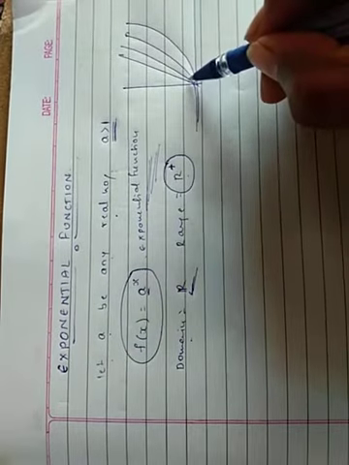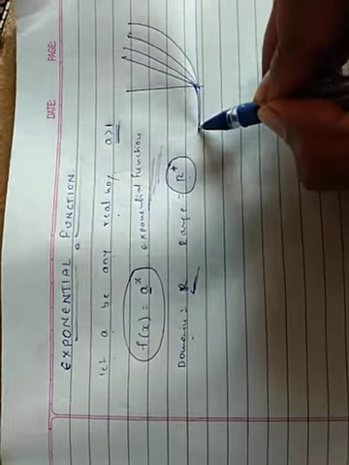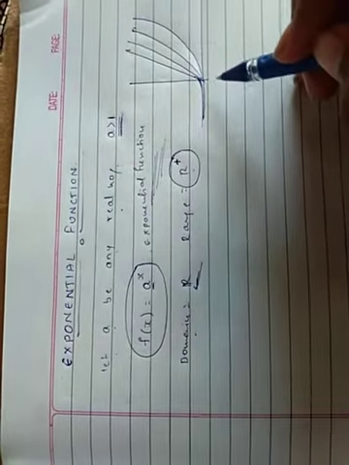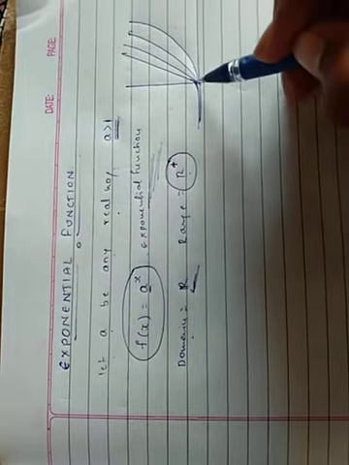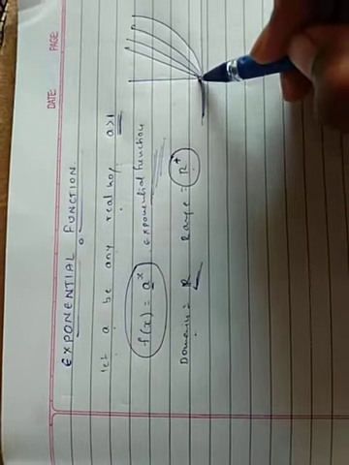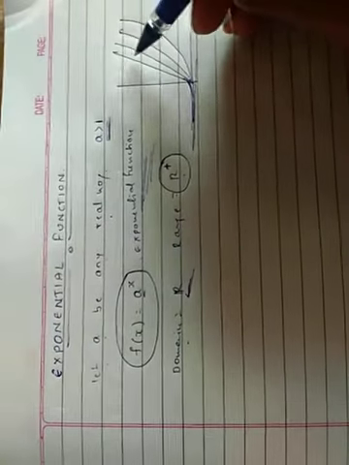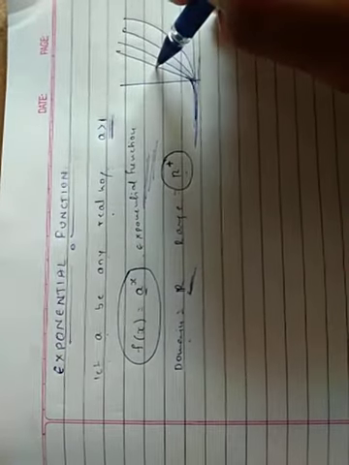The graph lies only in quadrant 1 and quadrant 2. In quadrants 3 and 4 the exponential function cannot lie. So the graph is always in the first and second quadrants.